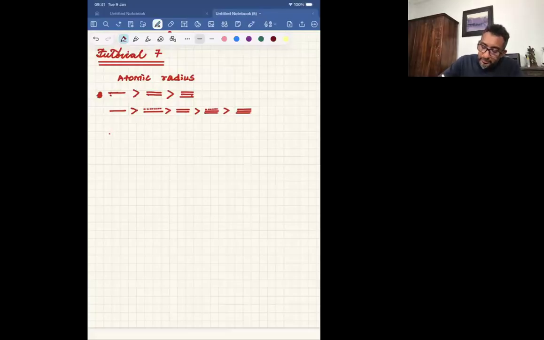So what is that? If it is sp3 overlap, it is bigger. Then what is the next one? sp3 sp2, right? Then the next one is sp2 sp2, or you can say sp3 sp.